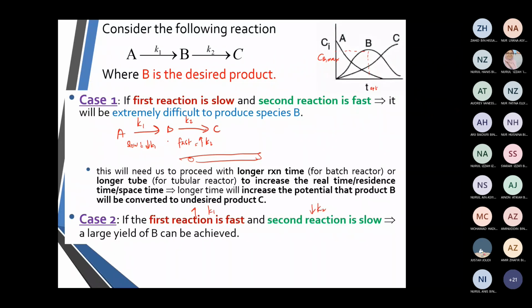However, kita need to ensure, saya tulis sini, need to ensure the reaction time, ya Allah teruknya, the reaction time is properly monitored lah, so that it won't prolong lah. Okay, so slow ni dia kena berhenti lah at one point.